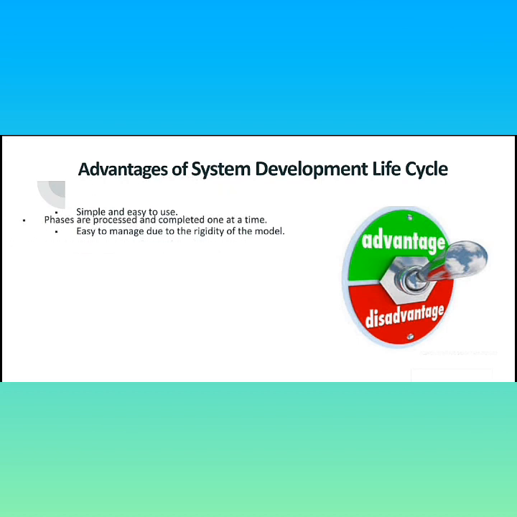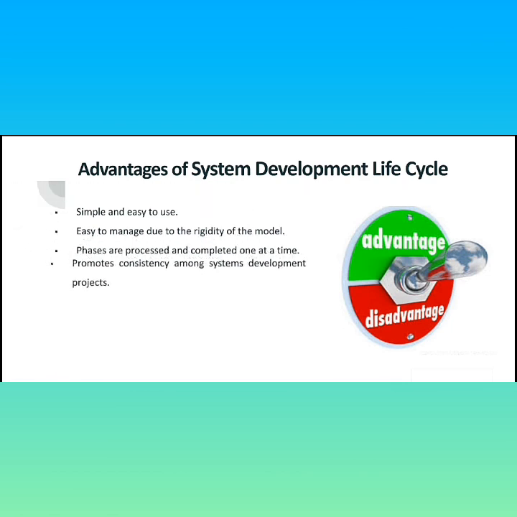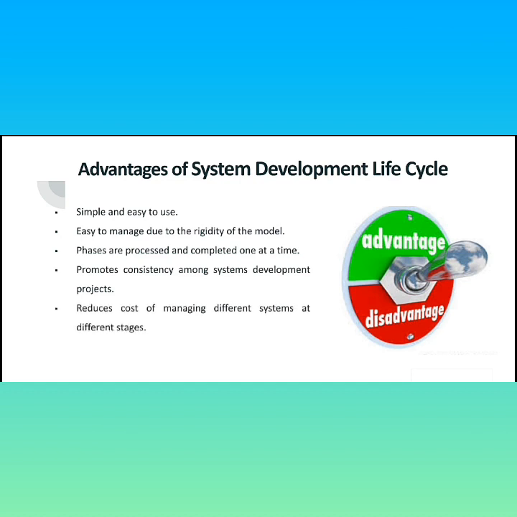Third, phases are processed and completed one at a time. It also promotes consistency among system development projects. It also reduces the cost of managing different systems at different stages. It also helps in efficient allocation of resources to system development projects.